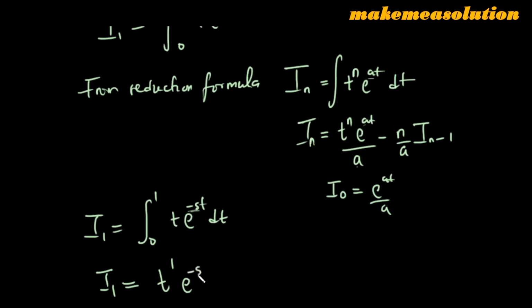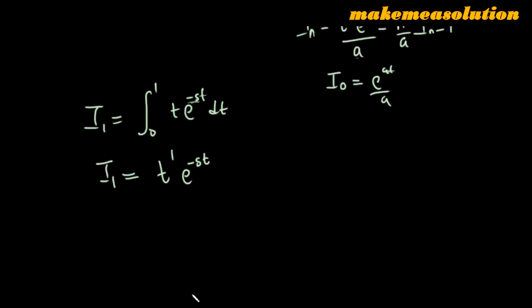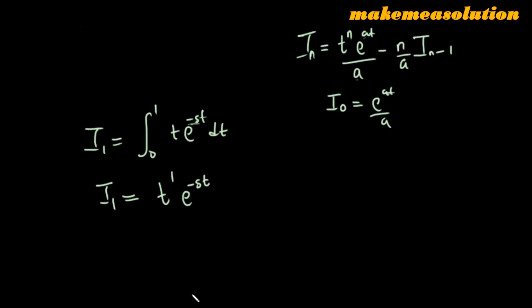So you now have minus st, all over minus s, then minus, look at it here, you now have your n, which is 1, all over your a, which is minus s, and you now have I n minus 1, which in this case is 1 minus 1, that is I 0.